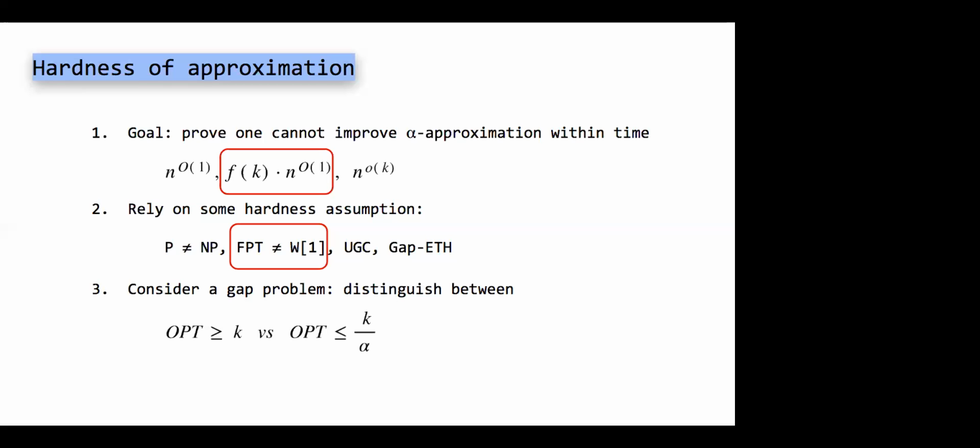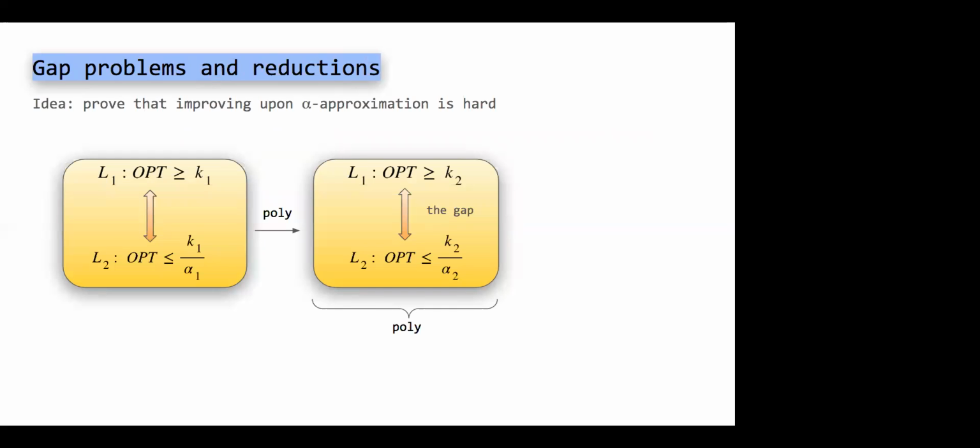And in the hardness of approximation, we actually prove hardness of gap problems. And we need a framework for making reductions between gap problems that would preserve these gaps. So in each gap problem, we can say that we have two languages, L1 and L2, which consist of the instances with high optimum and low optimum.